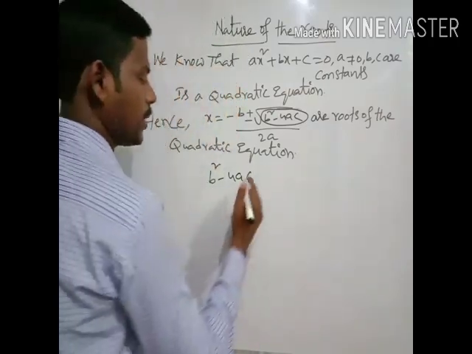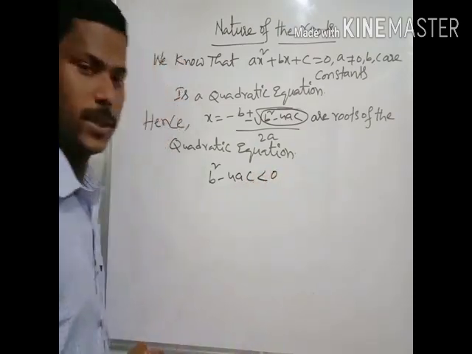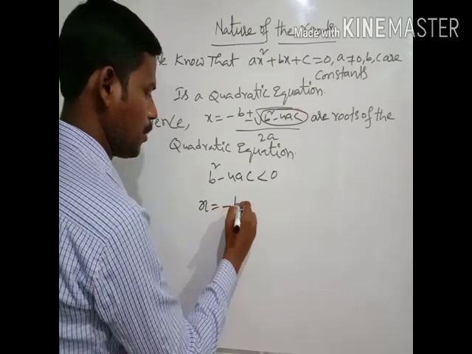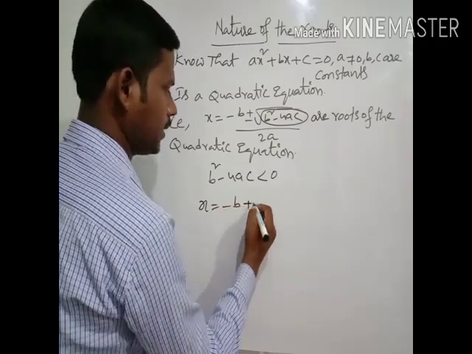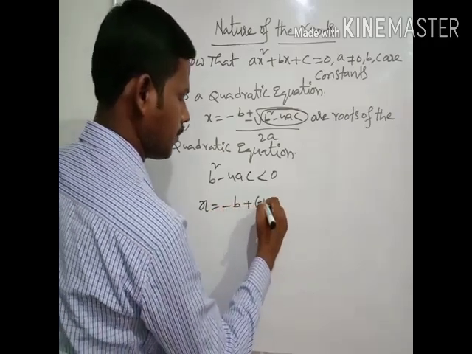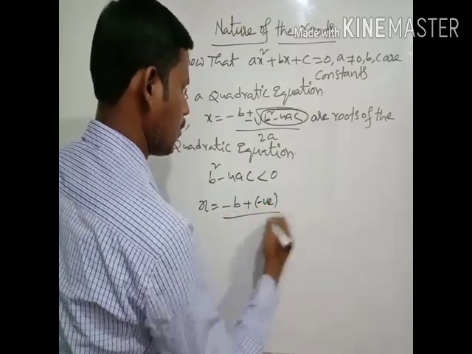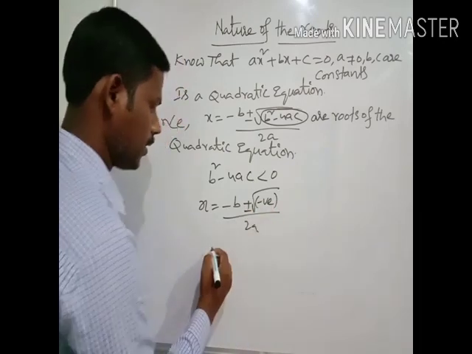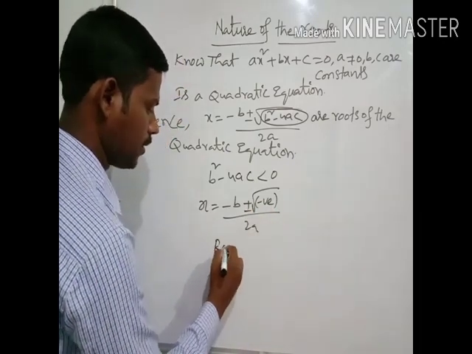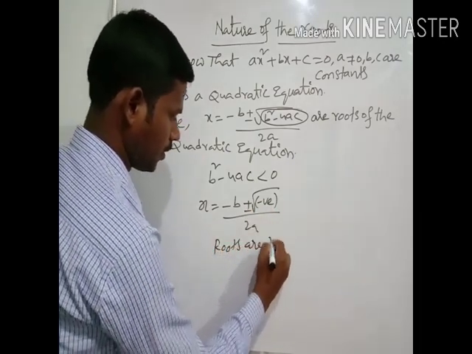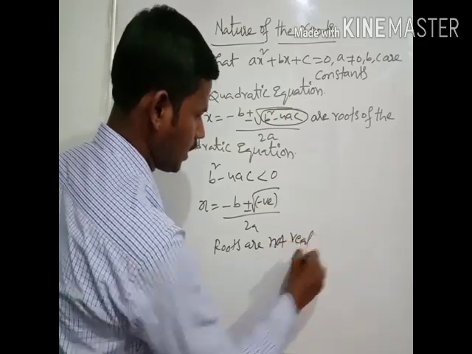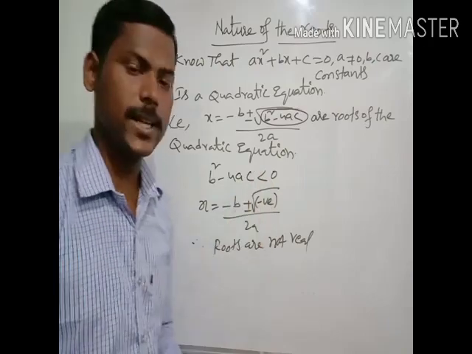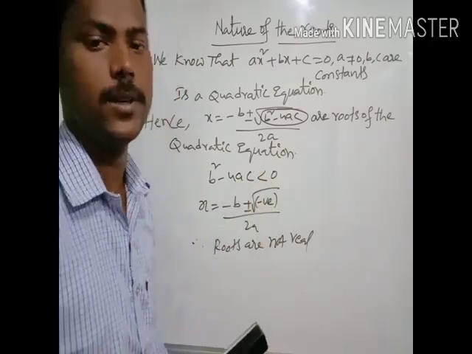If b² − 4ac is less than 0, that means negative, then what happened? x = −b plus or minus, see children, a negative value under the root, by 2a. Then roots are not real. Understand children? If b² − 4ac is less than 0, it means a negative constant.